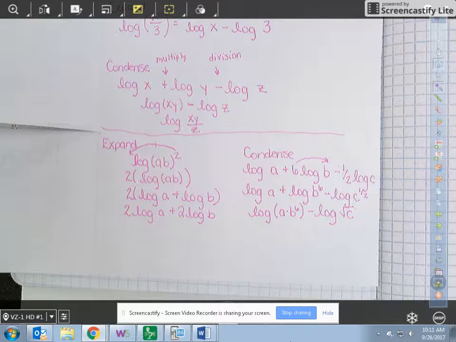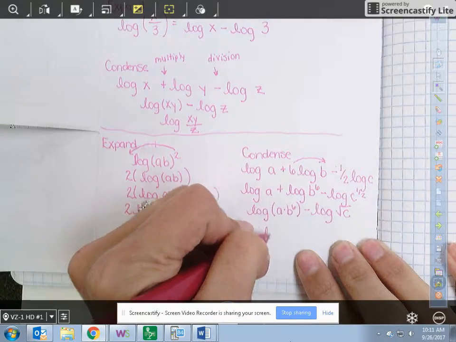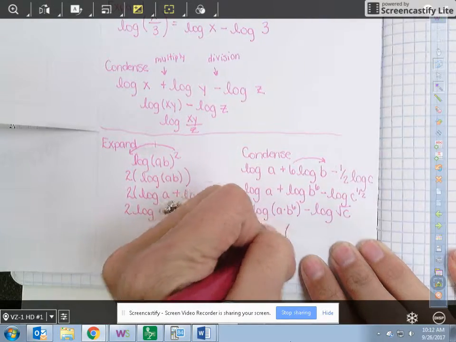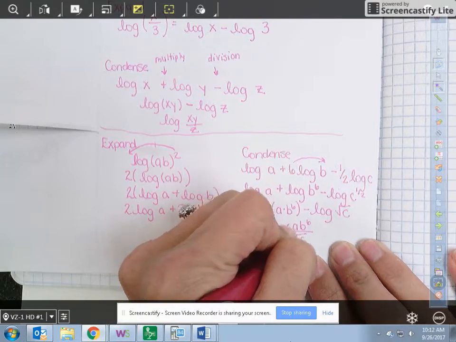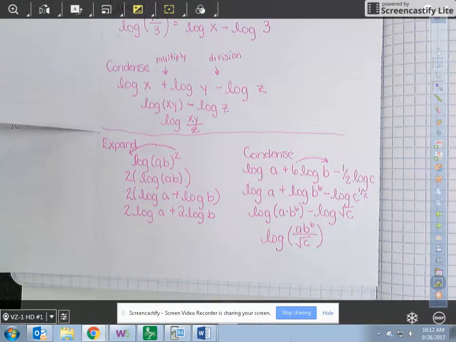For minus means divide. So now do I have it to a single log? Okay, goal accomplished. Divided by square root of c. We are not to the point of rationalizing, so we're just going to leave the square root in the bottom. If I blew your mind, that's okay. We'll do it later.